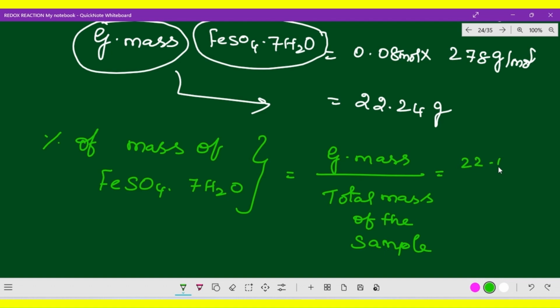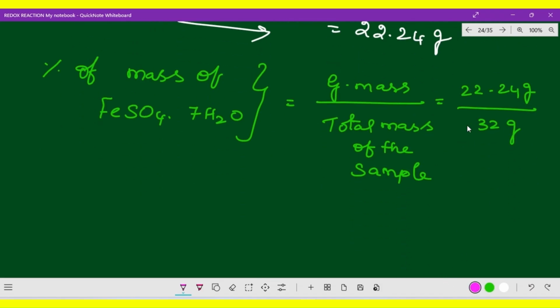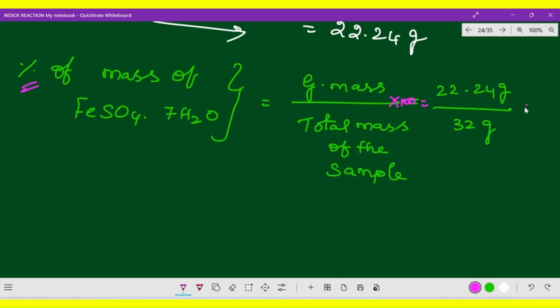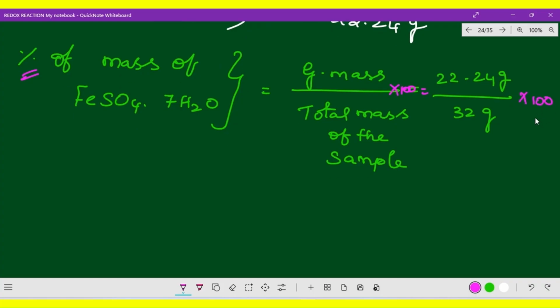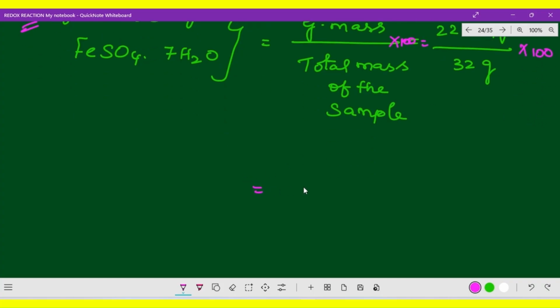So here 22.24 gram divided by 32 gram. So finally you are receiving the value, percentage into 100. I just forgot here, 100 percentage means into 100. So please remember that point. Okay, now see here, when you calculate this, 22.24 divided by 32 into 100, you'll be getting 69.5 percentage. I hope you are receiving.